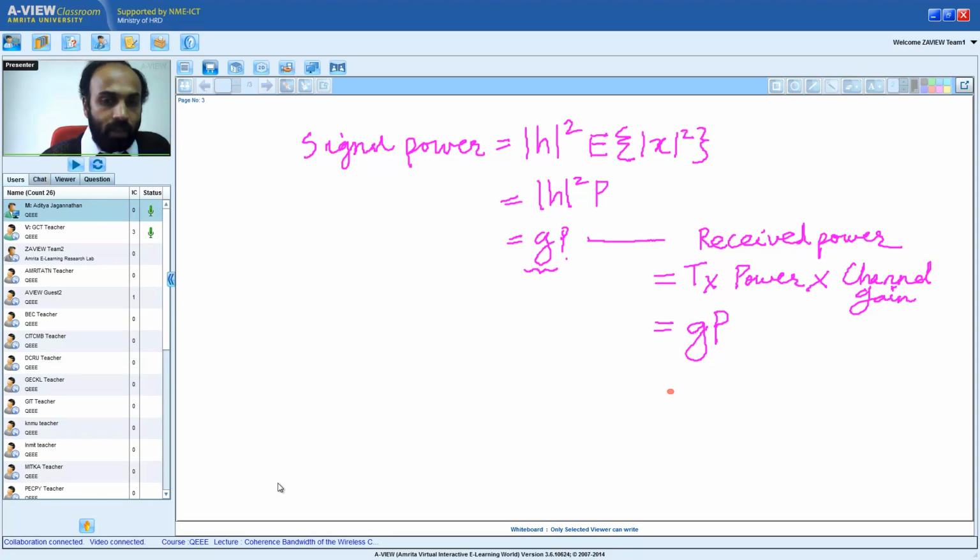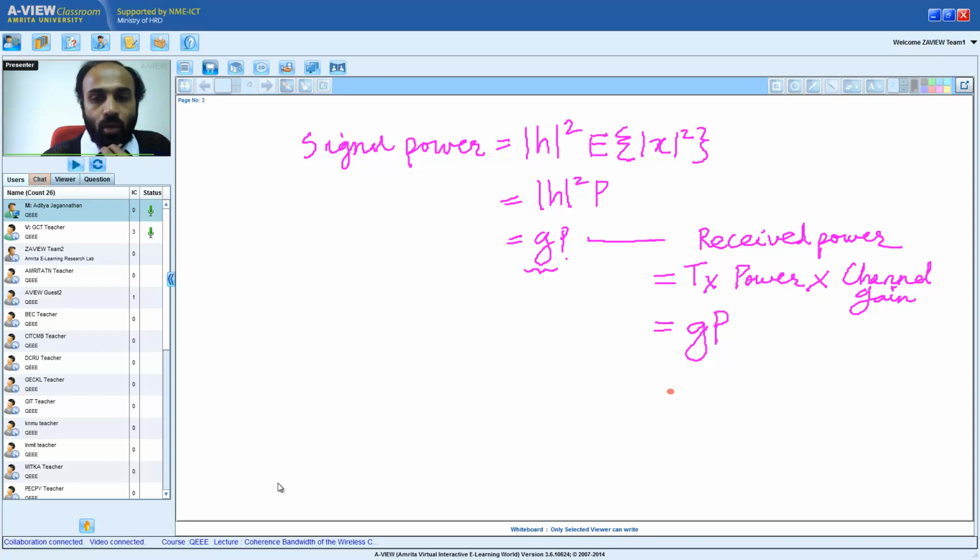That is what we said. Scattering and diffraction cause multipath propagation. Because of the multipath effects, we have the fading nature of the received channel, and that fading is modeled as the Rayleigh fading channel, a channel with a random gain, and the random gain is nothing but G. Therefore, the total received power is G times P, where G is the random gain.